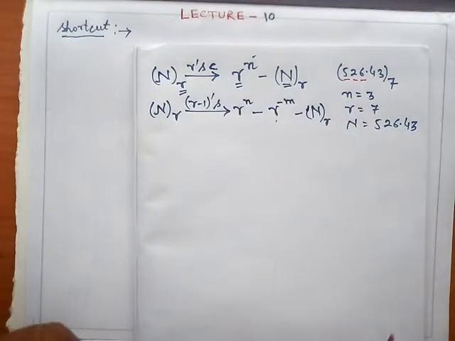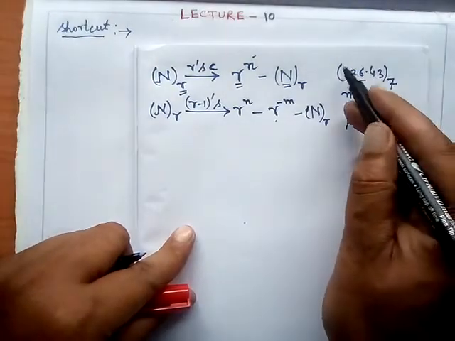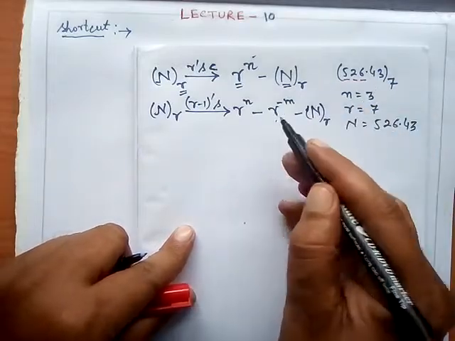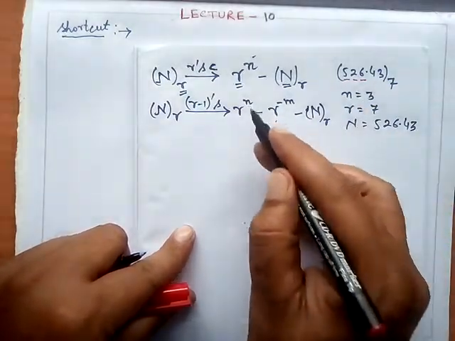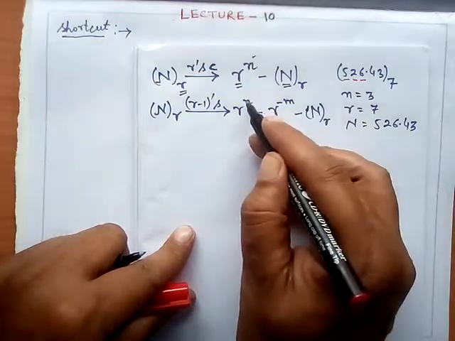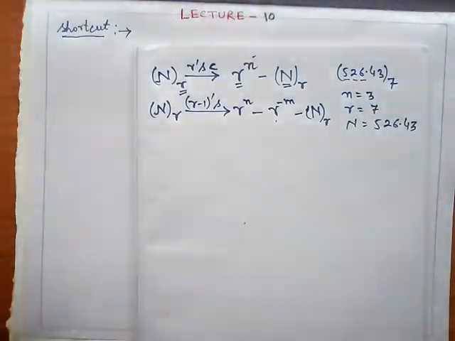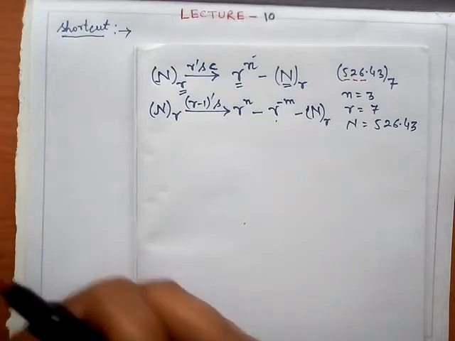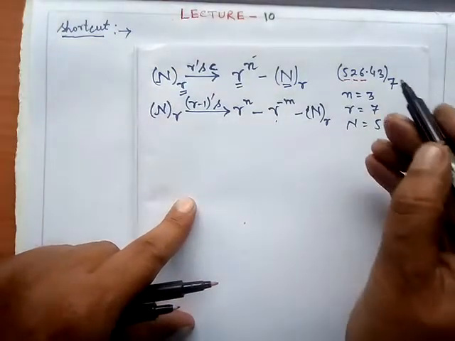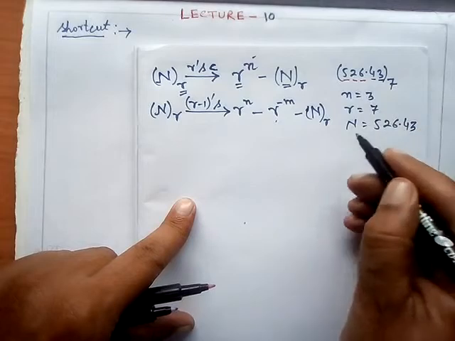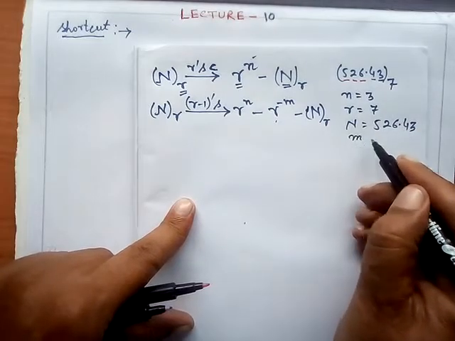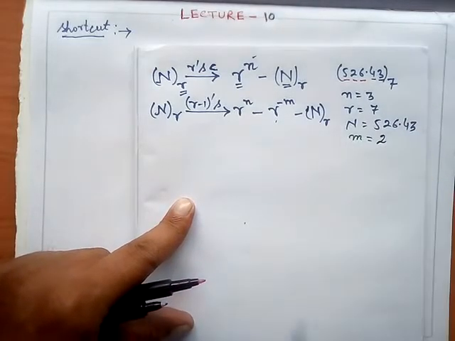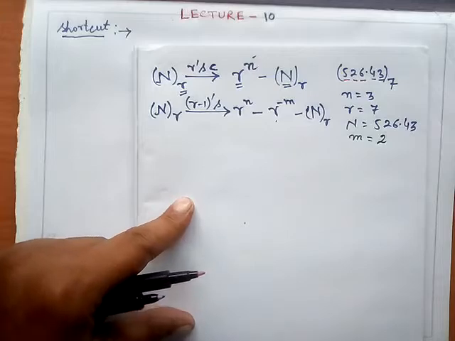For example, in this particular example, the value of N is the same, the value of small n is 3 digits, but the number of digits in the fractional part, or the value of m in this case, is 2. I hope that this is clear to you.